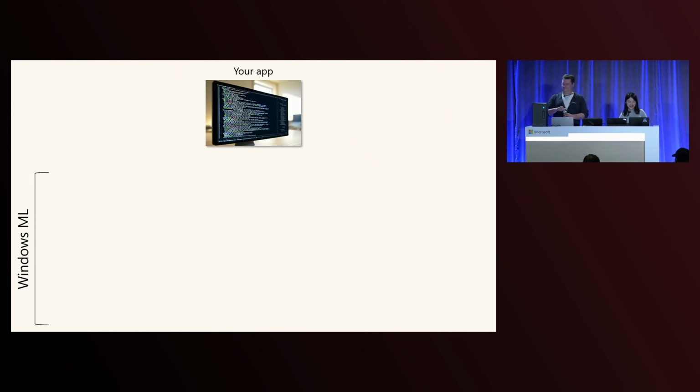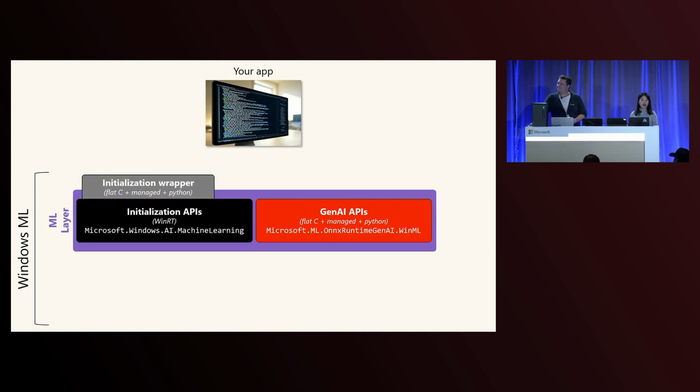Let's go over the API surface of Windows ML first. Windows ML has two layers of API. The first is called the ML layer. You can think of this as the main APIs that you use in the new Windows ML. One set of APIs handles the initialization of the runtime.